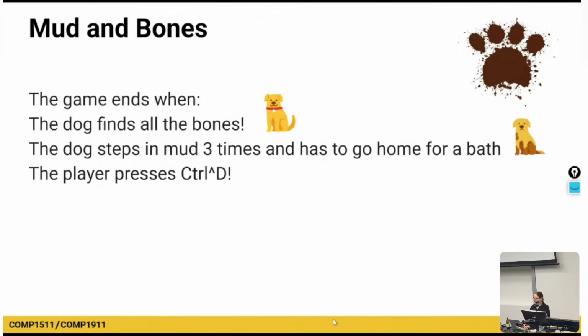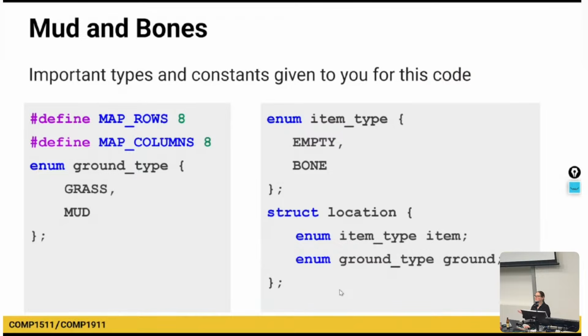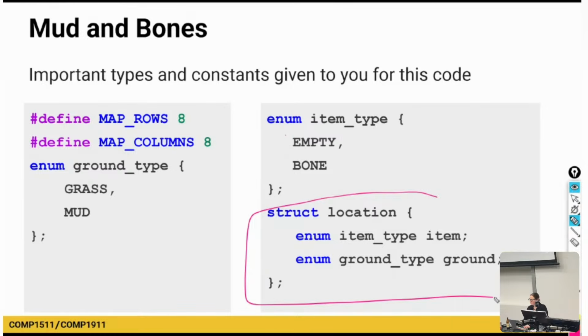Now, we've been given some starter code, and we've got some hash defines already. Basically, the size of the grid, it's 8 by 8, 8 rows, 8 columns. Every cell in the grid is of type struct location.